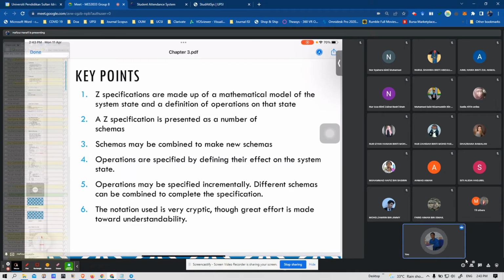The operations are specified by defining the effect on the system state. Operations may be specified incrementally. Different schemas can be combined to complete the specification. The notation used is very cryptic, though great effort is made toward understandability. Cryptic means that you need to understand certain symbols.